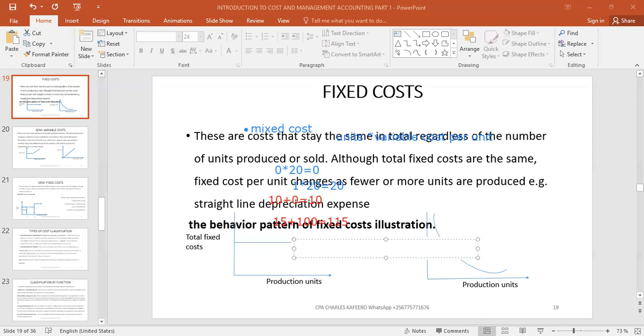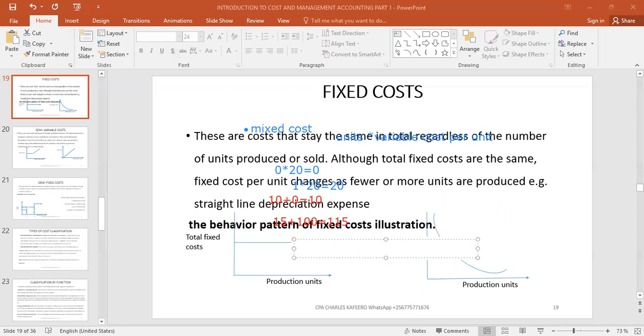Are you not seeing that they are coming from the 10 to 30 to 60 to 70 to 90? They keep on increasing, but they are not increasing at the same rate or in proportion to the output.